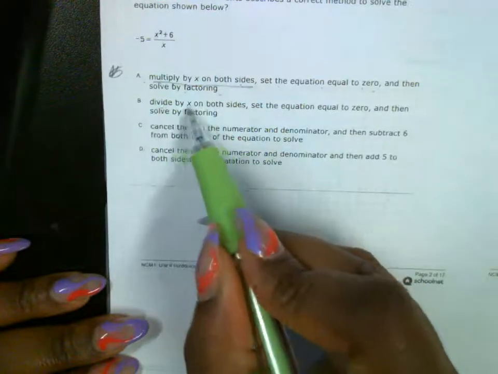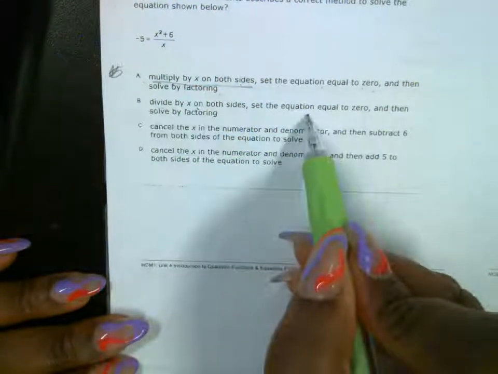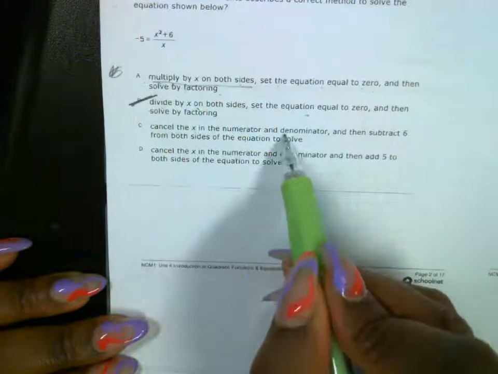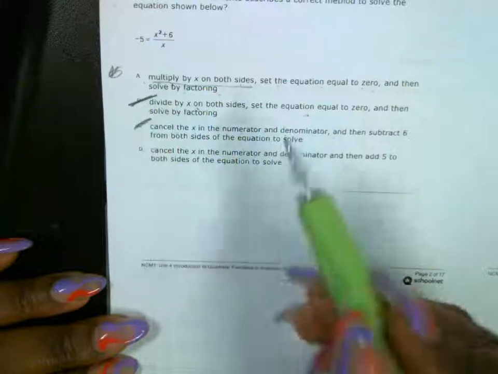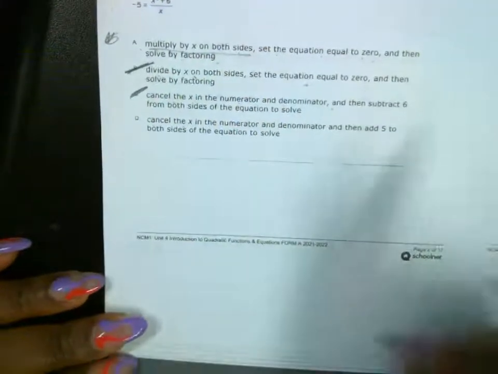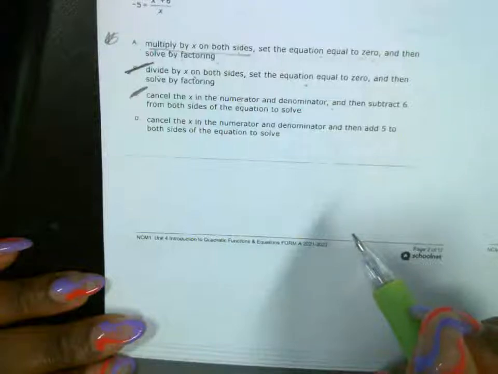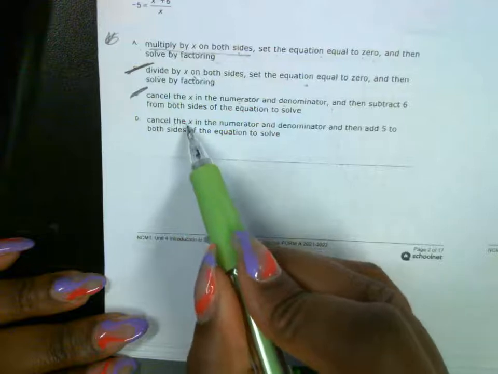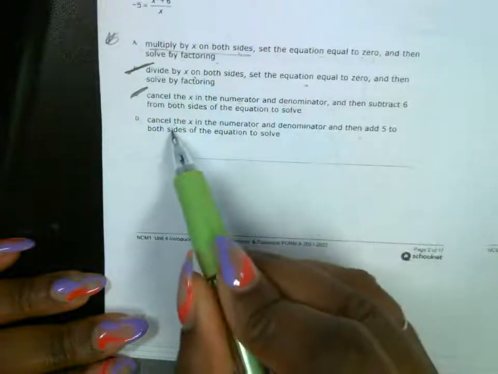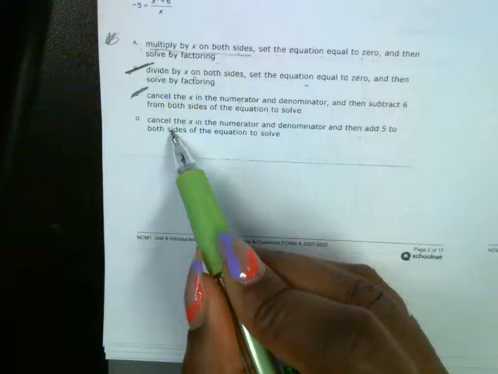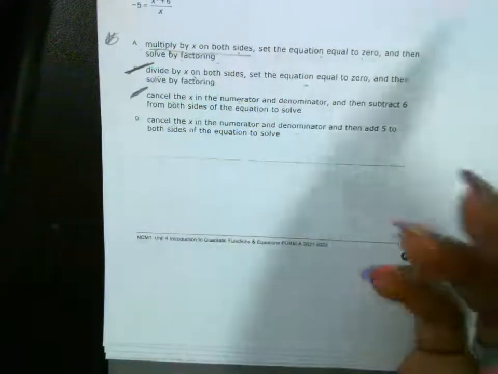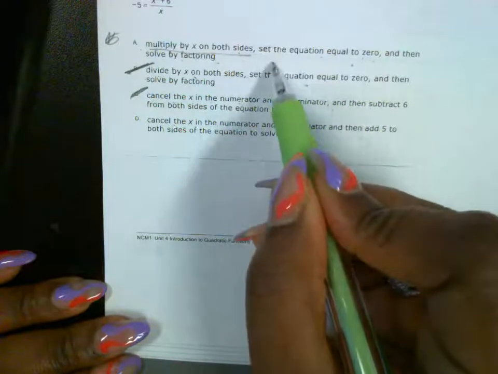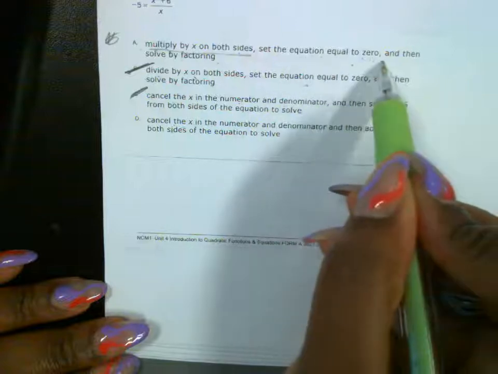Divide both sides by x. No, you're not dividing both sides by x. So this one's not it. Cancel the x in the numerator and denominator. No. So the best answer, even though they are missing a couple things, you do set the equation equal to 0.